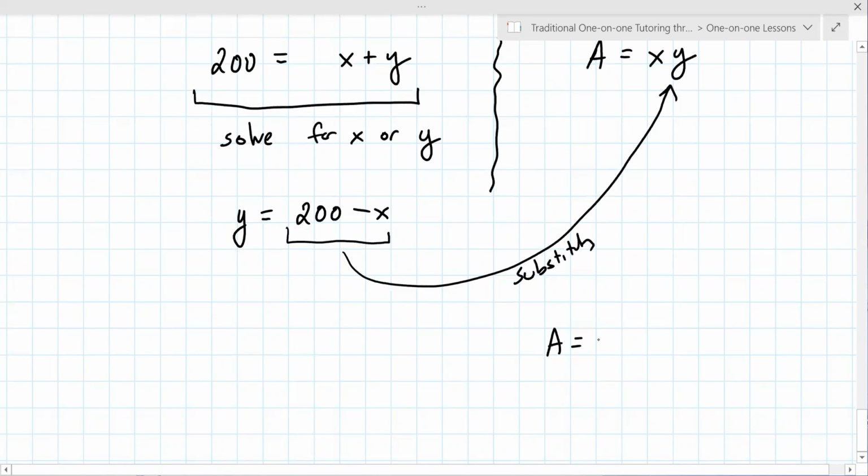So area is equal to x times 200 minus x. All right, so it's 200x minus x squared, like that is your area.